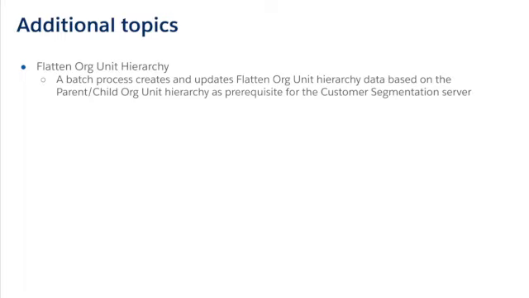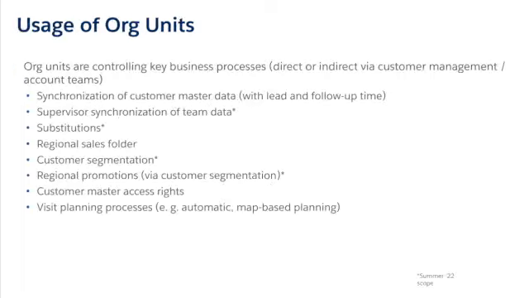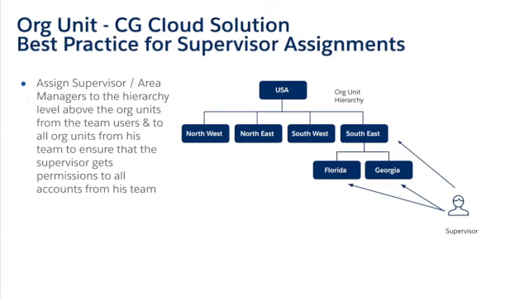It's the same as a flattened account hierarchy, but related to org unit hierarchies. In some processes, it's hard to deal with time-dependent parent-child relationships in a performance-critical process. So we developed a batch process which flattens the org unit hierarchy, so the org unit is in one line: Northwest, US, Southeast, and Georgia.